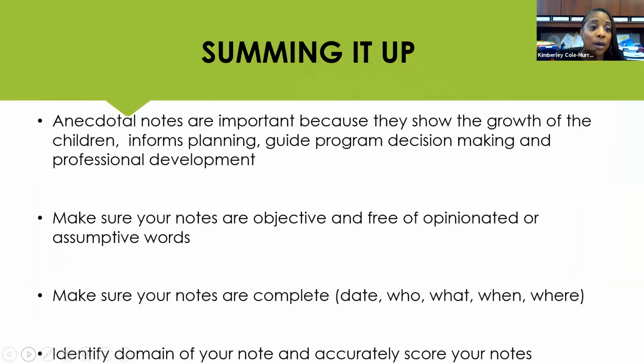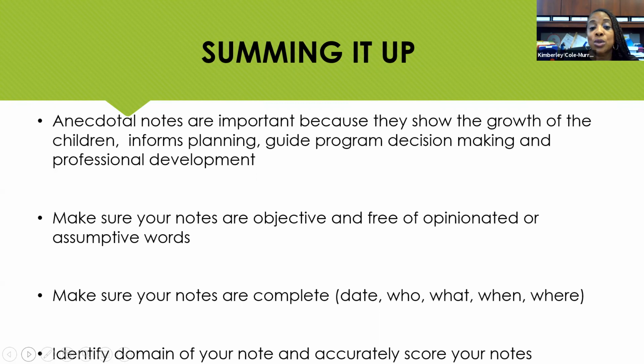So summing it all up, anecdotal notes are important because they show the growth of children, inform planning, guide program decisions, and professional development. When you are writing anecdotal notes, make sure that they are objective and free of opinionated or assumptive words, or words that try to explain what you are seeing or what you saw or what you heard the children do.